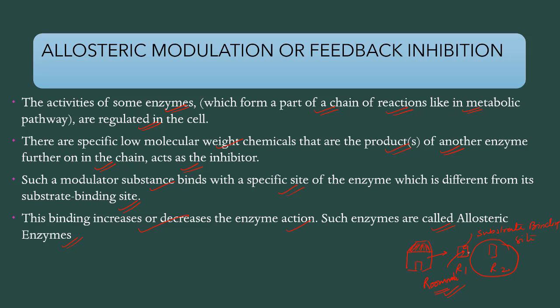So they will help to increase or decrease the rate of reaction the moment the substrate binding site is already occupied. So these are allosteric modulation or feedback inhibition. Understood?